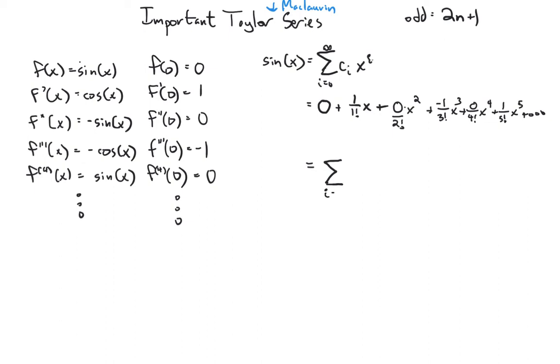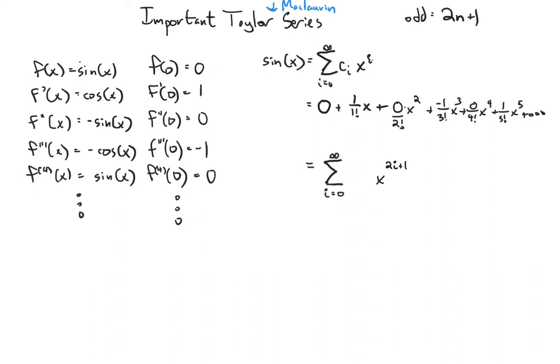We'll let i go from 0 to infinity. And now our coefficients, the ones we want to survive, the 1, the 3, the 5, the 7, we're going to write 1 as 2 times 0 plus 1, 3 as 2 times 1 plus 1, 5 as 2 times 2 plus 1. So we know here we're going to have x to the 2i plus 1.